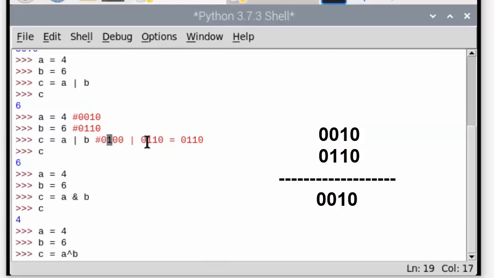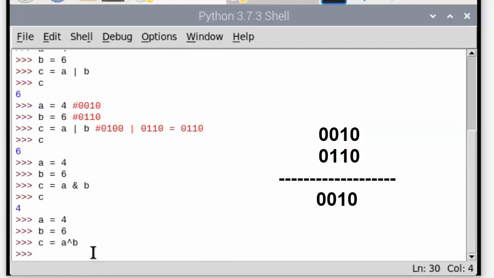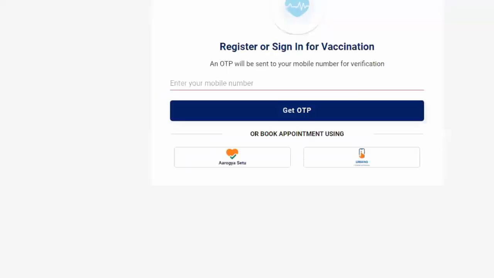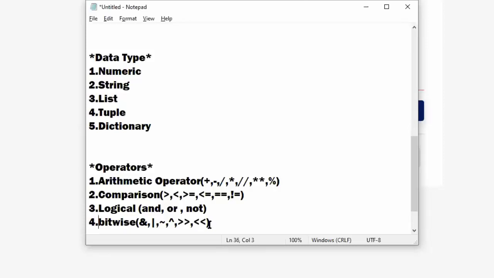The second bits are both 1, so it will be 0. The third bit is different, so it will be 1. And the fourth bit is the same, that's why it is 0. So you will get the answer as 2. I hope everybody understood why the answers are like this. I'll just add one more operator to that list, which I missed out in bitwise. That is the XOR operation.